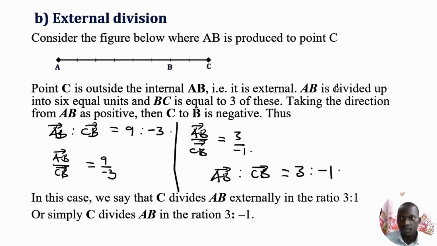As you can see, we say that C divides the line AB externally in the ratio 3 to 1, or simply C divides line AB in the ratio of 3 to negative 1. Let's have examples.